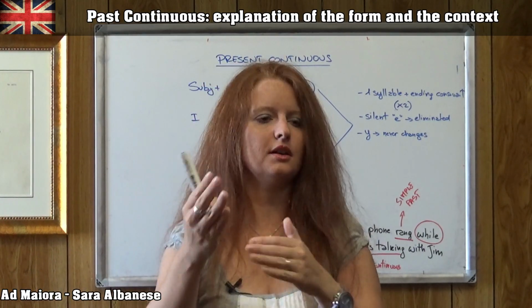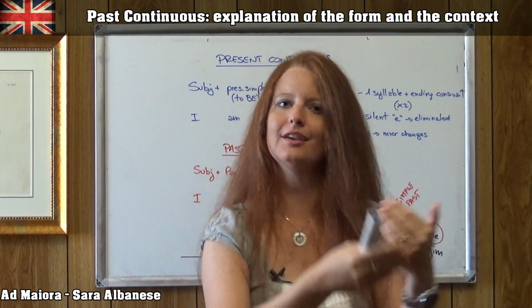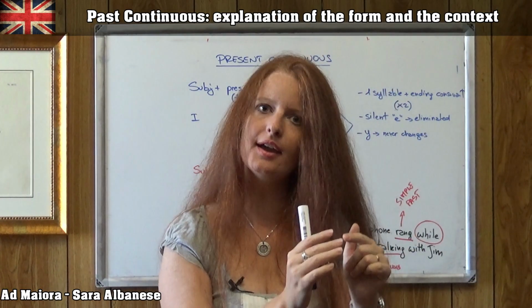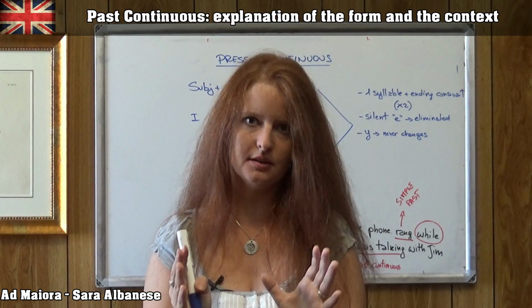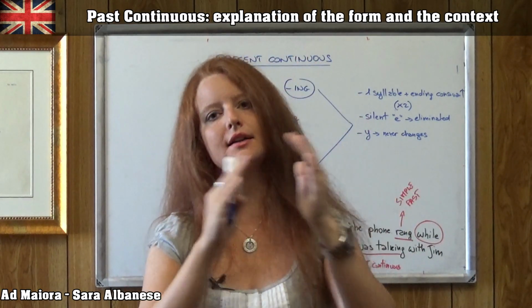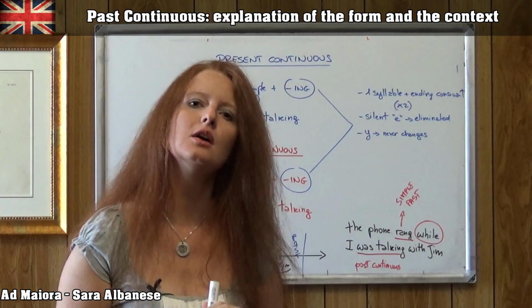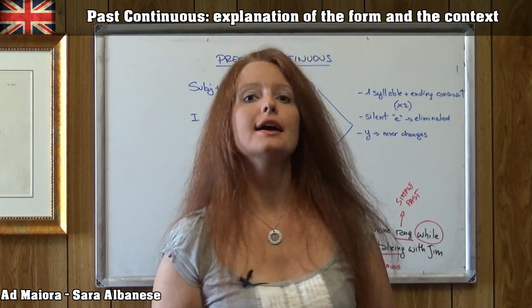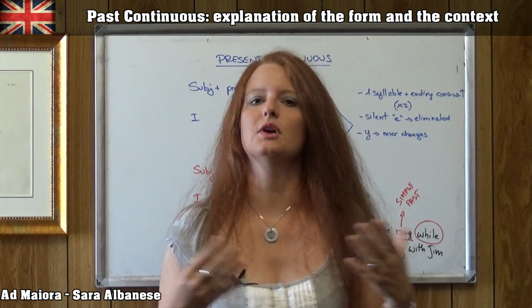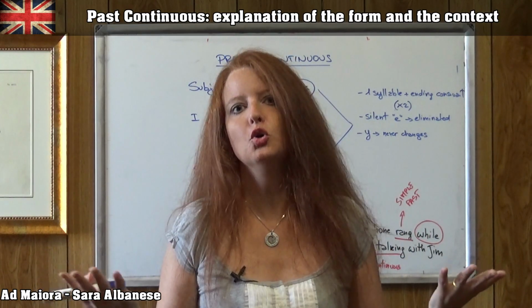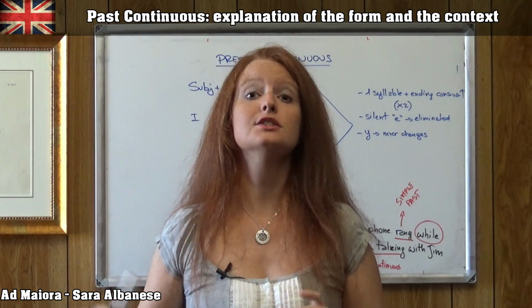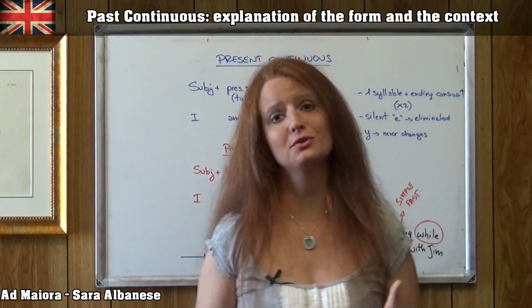As in the example before, the kid was playing, it's play with Y at the end, and then ing. You don't put both Y and I. This is quite a common mistake, after all. So, these are the exceptions, but normally it's very, very easy to form the gerund. So also the past continuous is quite easy.